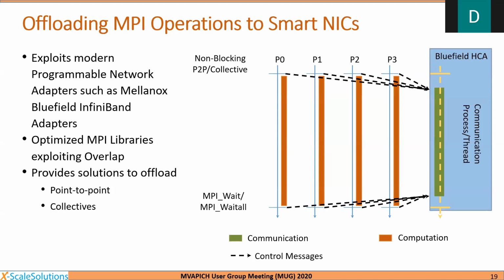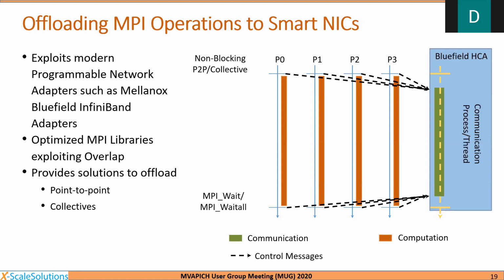The basic idea for the offloading is that we believe we can take advantage of the ARM core capability to offload, especially, the non-blocking MPI calls. As shown on the right, assume that you have multiple computing threads on the host processor, let's say Xeon or Power. Right now, what we're using is the Xeon processor.